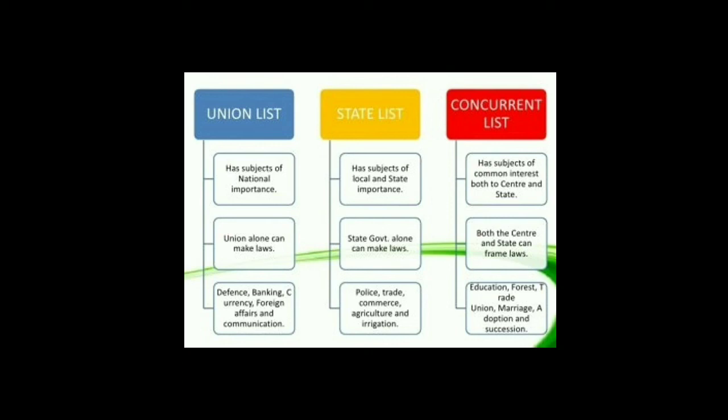If any subject is not included here, then the residuary subject comes in, where the union or the center will be able to make laws, and the state or the concurrent list will not be applicable in this kind of decision making. So that's why it is called the residuary subject or residuary list.